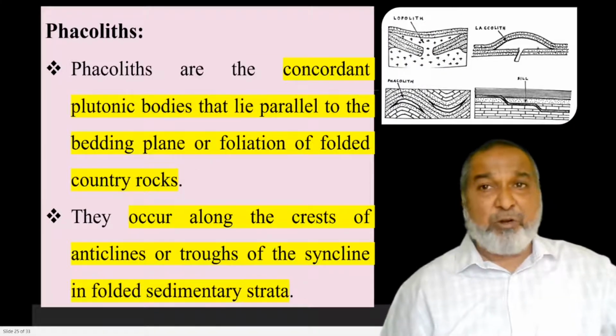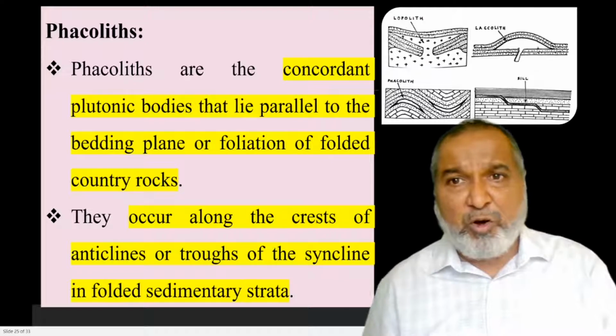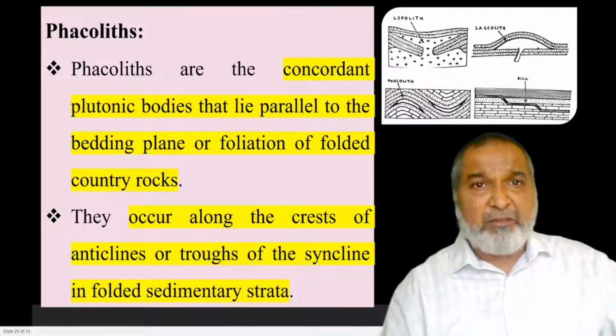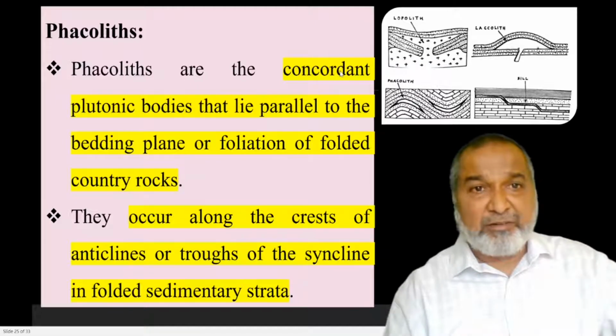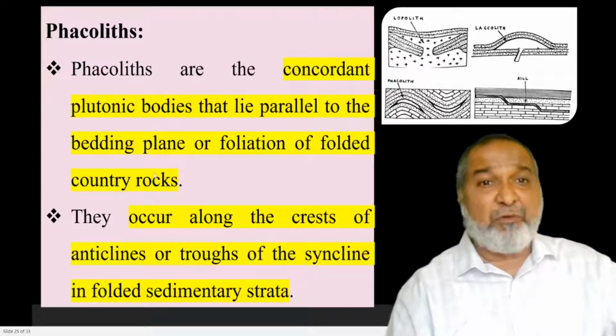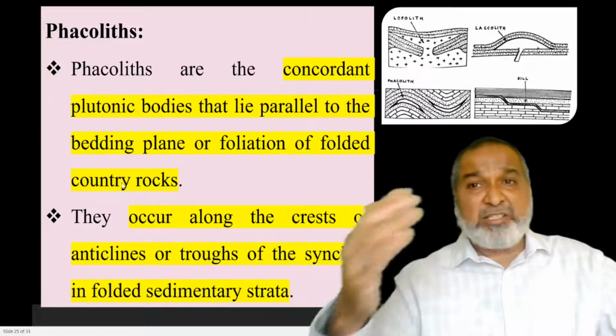Next one, phacolith. I have given all four diagrams here, of the earlier types we have seen. Phacoliths are concordant plutonic bodies that lie parallel to the bedding plane or foliation of folded country rock, along the crest and trough.